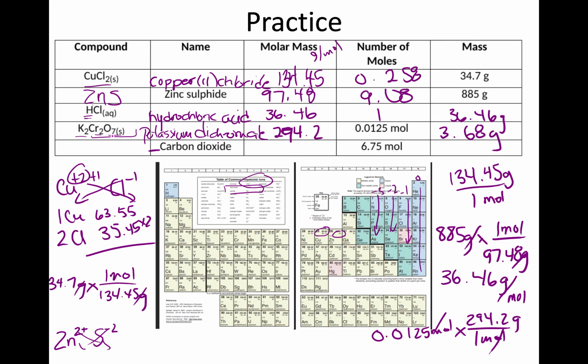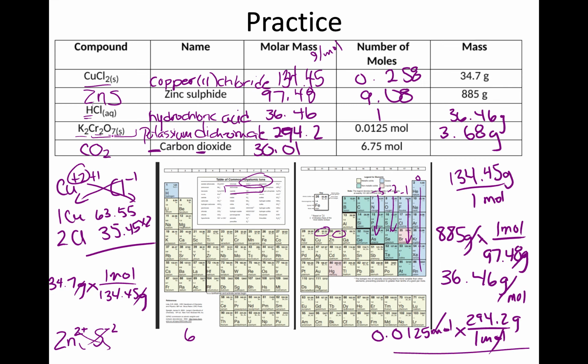If you have no prefix in front of the first nonmetal, you just assume 1, so it's 1 carbon. Di means 2, so CO2. Now, getting your molar mass, add 1 carbon with 2 oxygens, right? And you get 30.01 grams per mole. And now we can set it up similar to this last one.